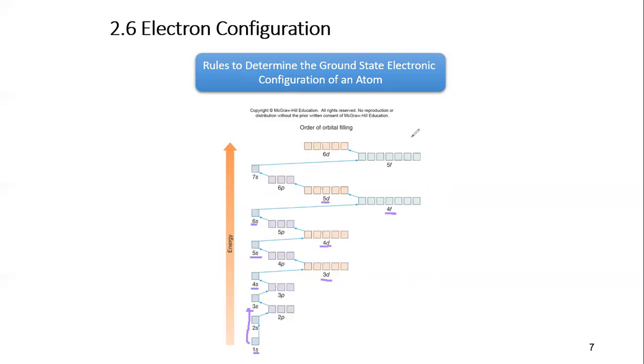Now, all the orbitals shown here are all the ones that you're going to use for the periodic table. Actually there's one missing, 7p, but you won't go above 7p. After 6d would be 7p. After that, we don't go any higher in regards to orbitals for the periodic table. The largest elements would end at 7p.